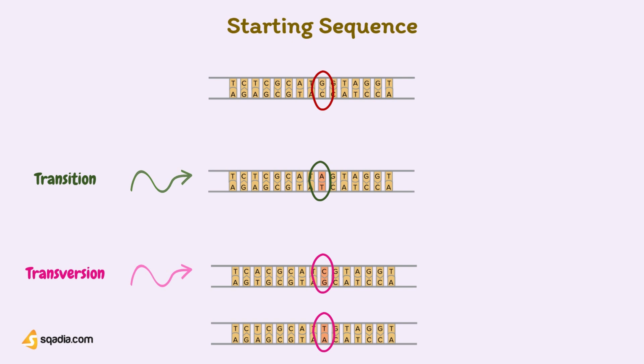Other types of mutations rearrange deoxyribonucleic acid sequences, rather than just change the identity of a base pair. A deletion occurs when a block of one or more nucleotide pairs is lost from a deoxyribonucleic acid molecule. Let's understand it.